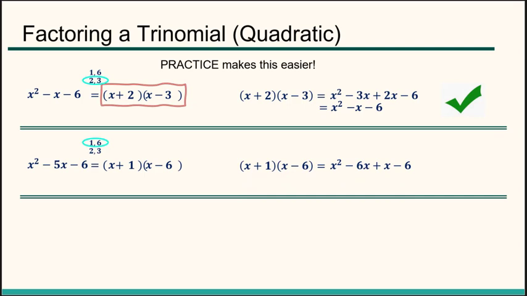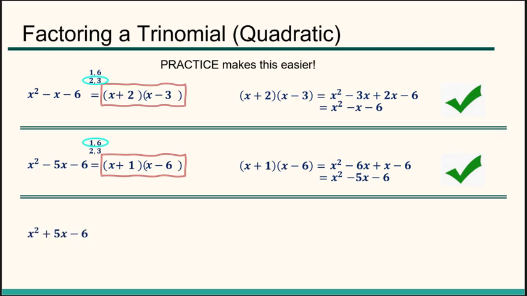Even today, I still put it in, and then I check. So I'll do x plus 1 times x minus 6 and multiply that out. That's x squared minus 6x plus x minus 6. When I add those two middle terms, I get that minus 5. There we go. I know that's my answer: x plus 1 times x minus 6.